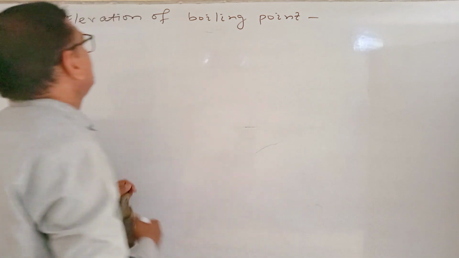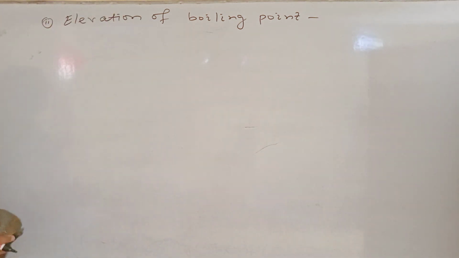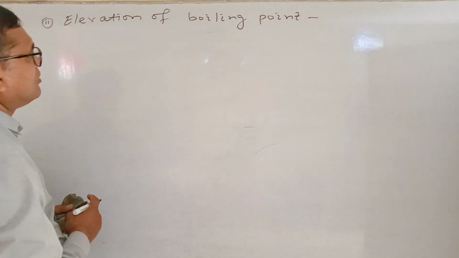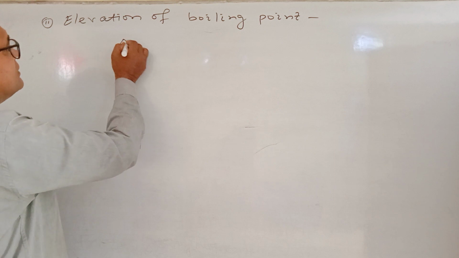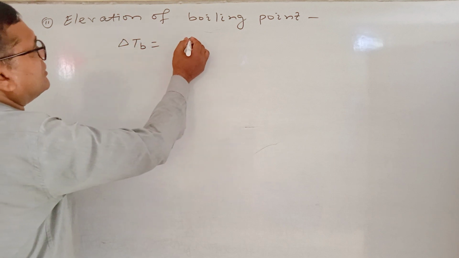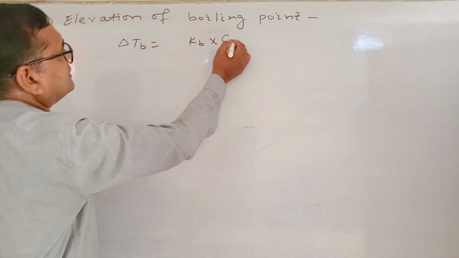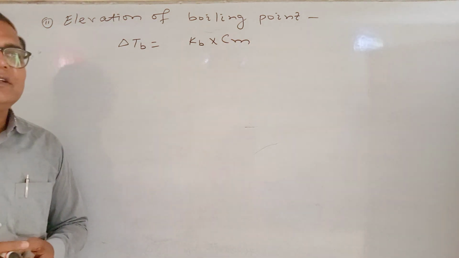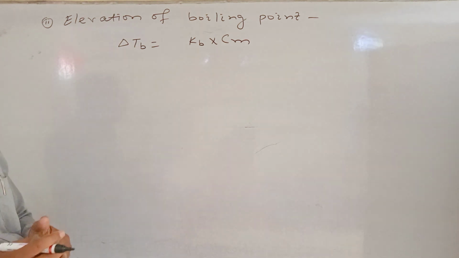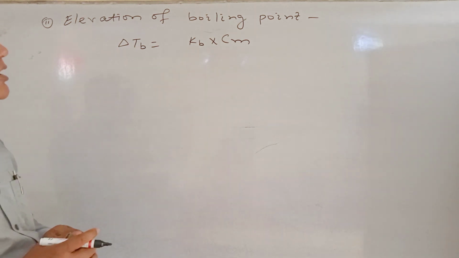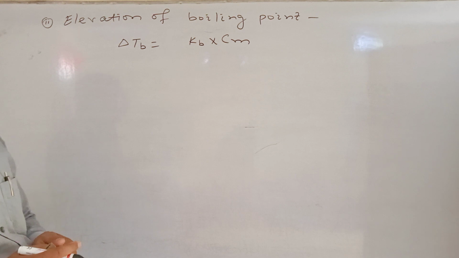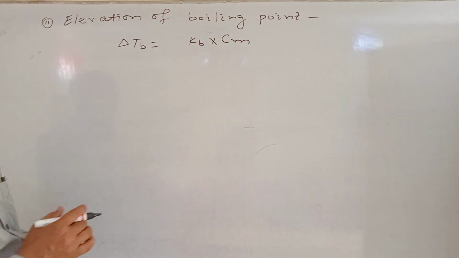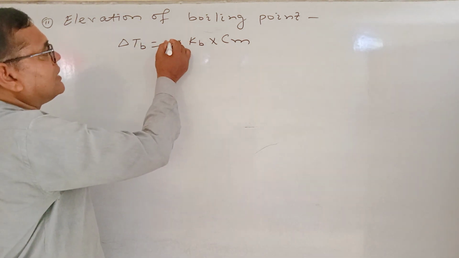It is a colligative property of the solution. The equation of elevation of boiling point is delta Tb is equal to Kb into Cm. We convert it into a modified formula in which i is present. Here we multiply i.